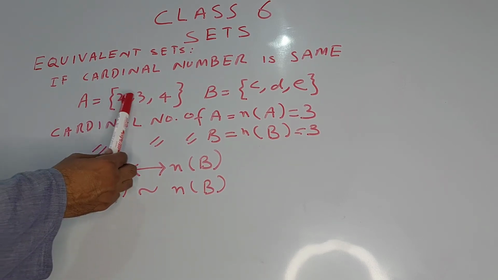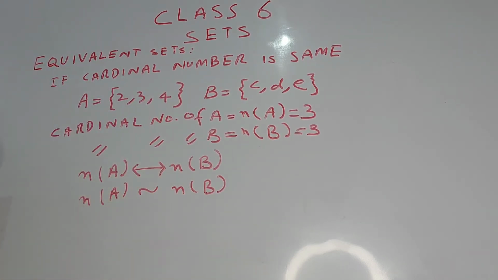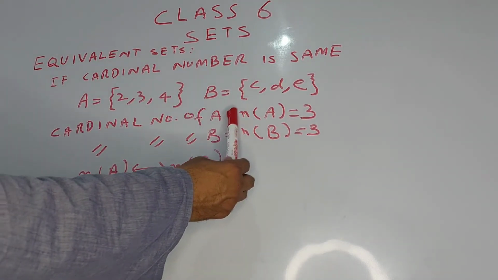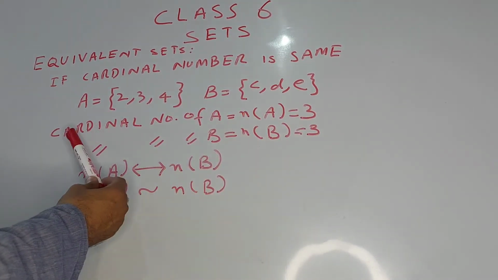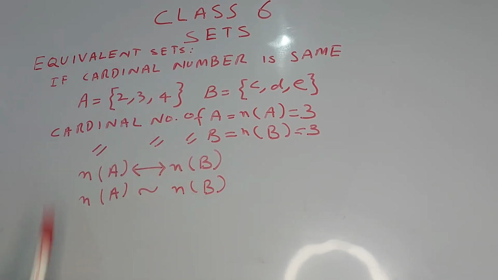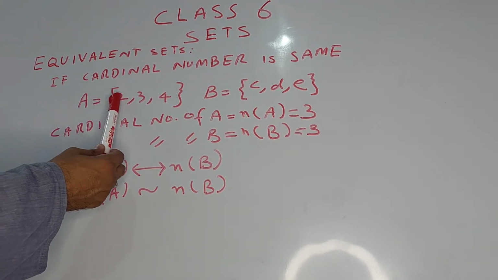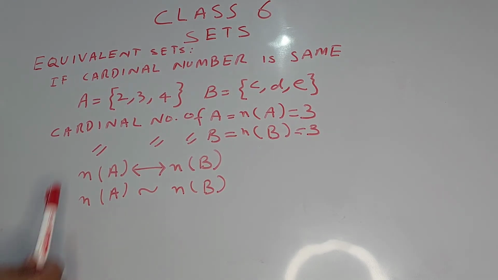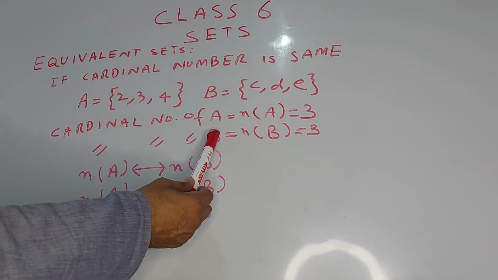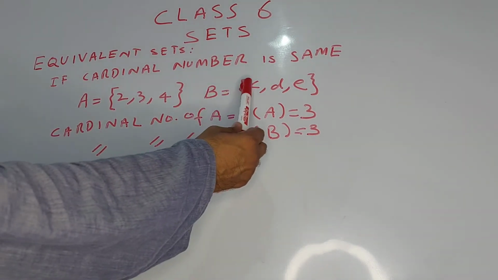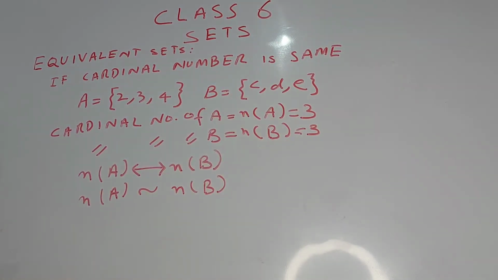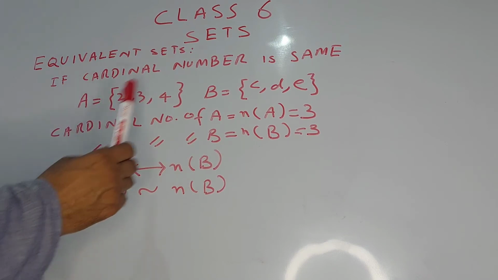It is the total number of elements in set A. We denote it n(A) is equal to 3. Cardinal number is the number of elements in set A. So there are 3 elements in set A, and the cardinal number of set B, n(B), is equal to 3. Set B contains 3 elements, so both the sets have the same cardinal number, that is 3.